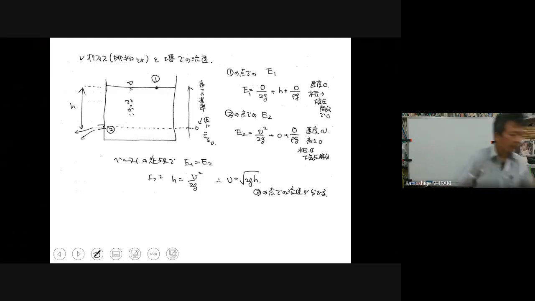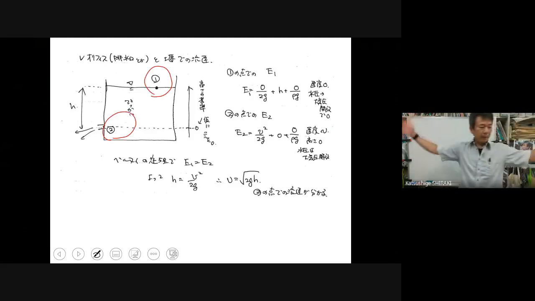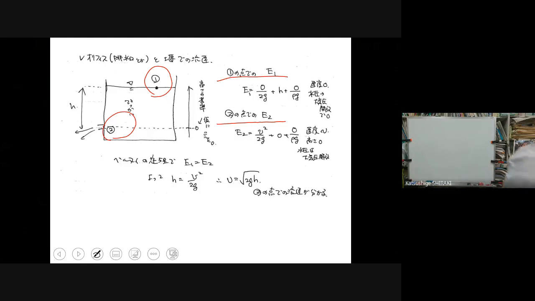This is not a good picture, but you can see point number 1 and point number 2, and there is some big vessel and some hole here. Number 1 and number 2 are in the same system, so the total energy of number 1 and the total energy of number 2 are equal.